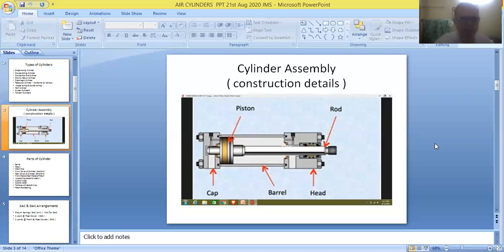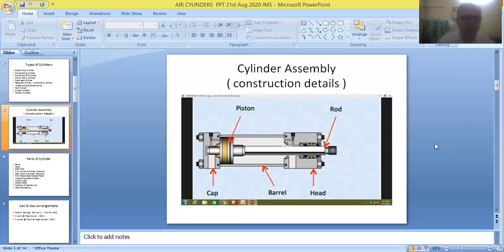One plate is fitted to the right end of the piston, and that is called the front plate of the piston, and one more plate is fitted on the left end of the piston, and that is called the back plate of the piston. So two plates are generally fitted on both sides of the piston for providing balancing of the piston that is arranged inside the cylinder.